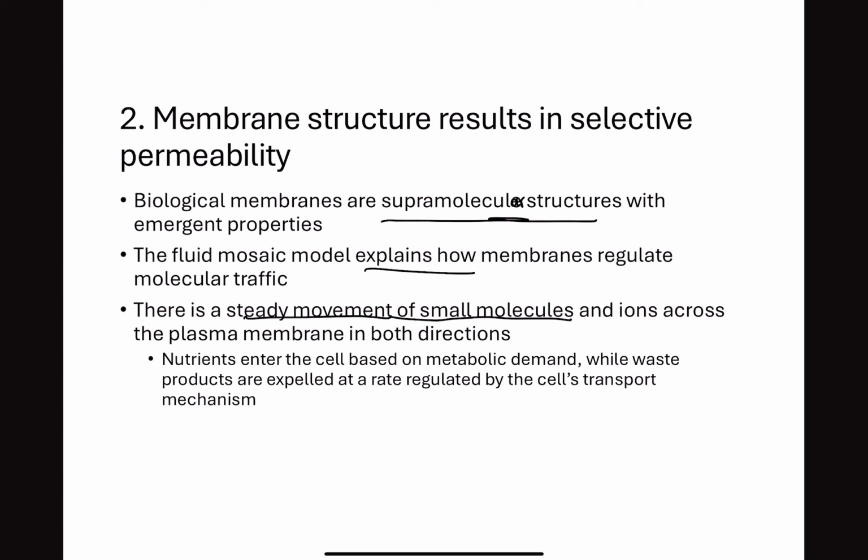Our muscle cell is going to take in oxygen and expel carbon dioxide. But the muscle cell is also able to regulate the concentration of inorganic ions like sodium, potassium, and calcium, and shuttle them one way or another across the membrane, either in or out, depending on the needs of the cell.